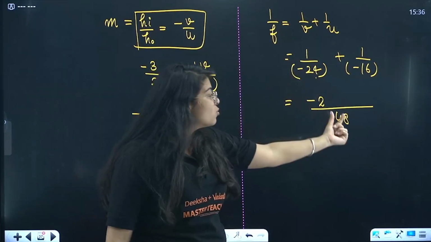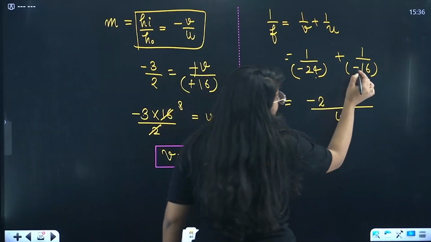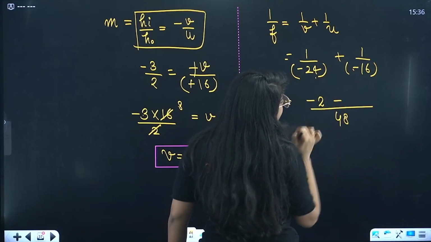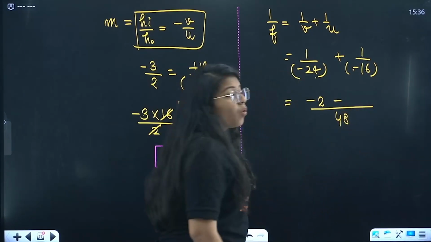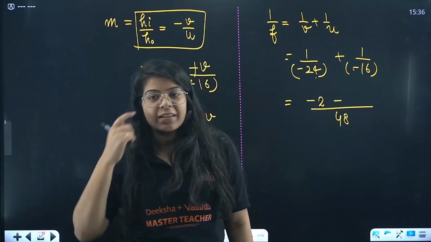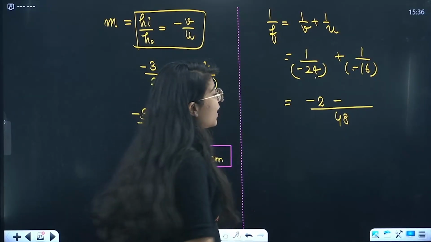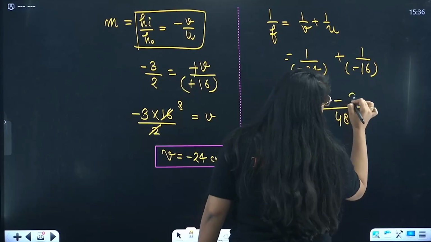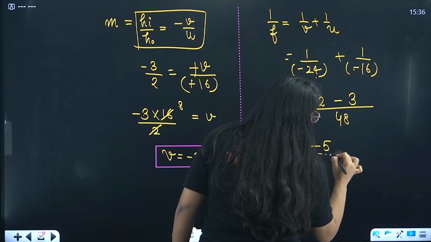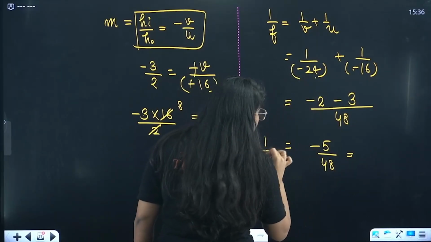Now this also was minus, so I'll place a minus here, plus minus minus. 16 threes are 48, then 1 into 3 will be 3. So this will be minus 2 minus 3, minus 5 divided by 48, and this is 1 by focal length.